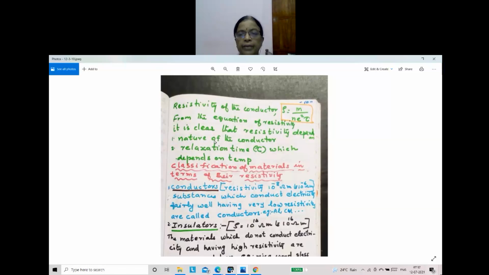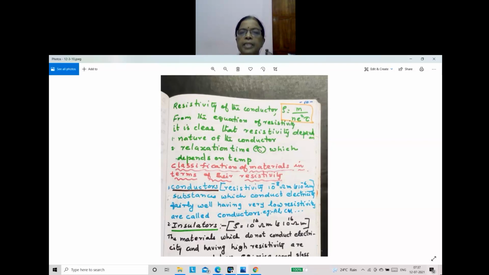Resistivity or specific resistance depends upon the nature of the conductor. N denotes the number density of free electrons in the conductor, which depends upon the material: copper, aluminum, silver. For each material, N will be different. So, resistivity depends upon nature and also the temperature.